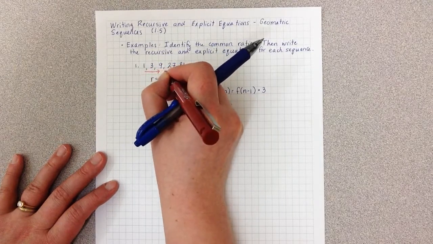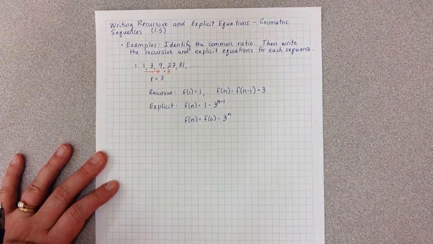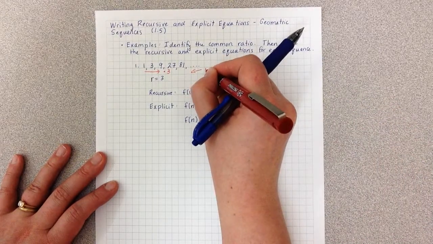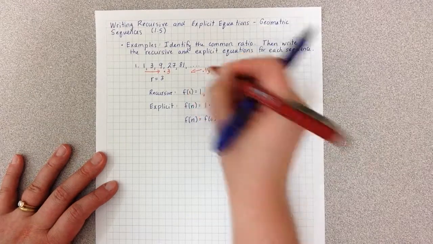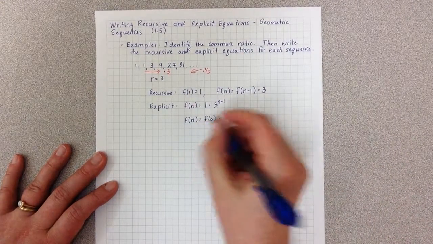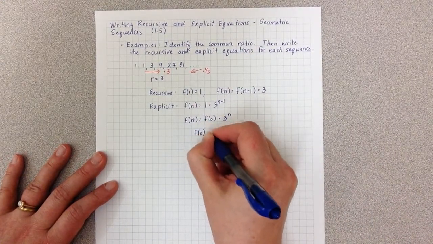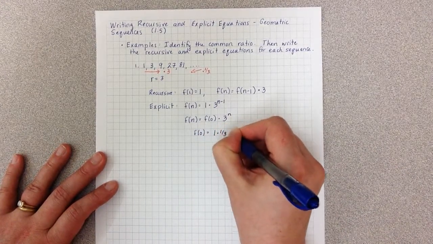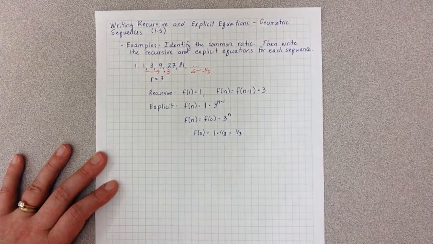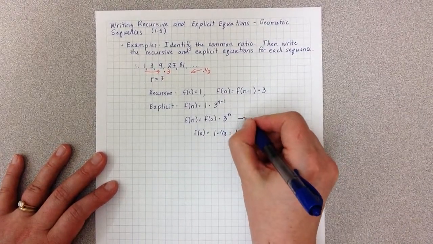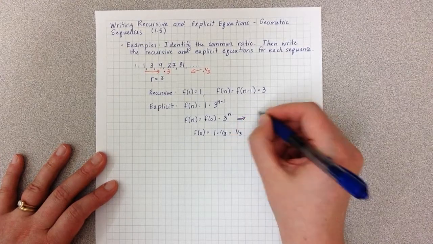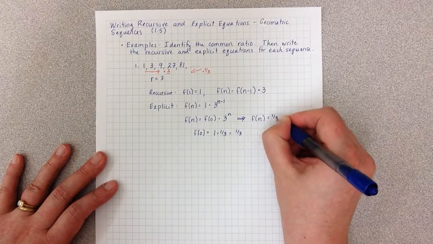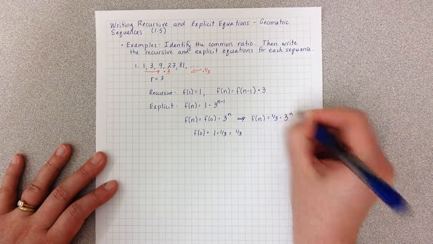So going this way, we multiply by 3. So if I go backwards, I'm not multiplying by 3, I'm multiplying by 1/3. So if I want to find f of 0, I have to start at f of 1 and go backwards. So 1/3. And now I can finish my explicit equation using this method, and I can say f of n equals 1/3 times 3 to the n.